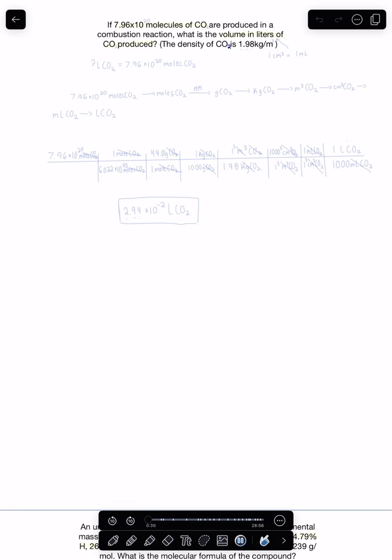So first, we're going to want to identify what we are looking for. So right here it says volume in liters of CO2 produced. The other important piece of information we are given, just starting out, is the 7.96 times 10 to the power of 20 molecules of CO2.